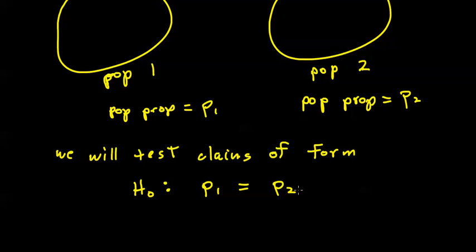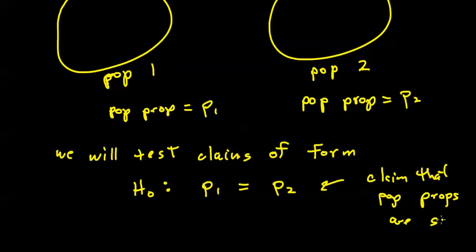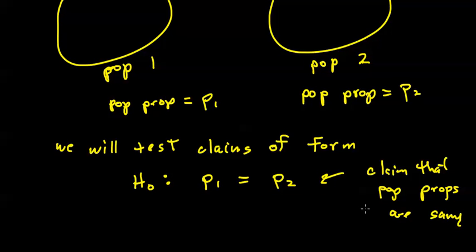In other words, this is the claim that the two different population proportions are the same, are indeed the same.